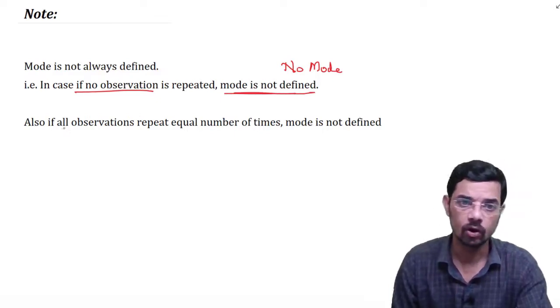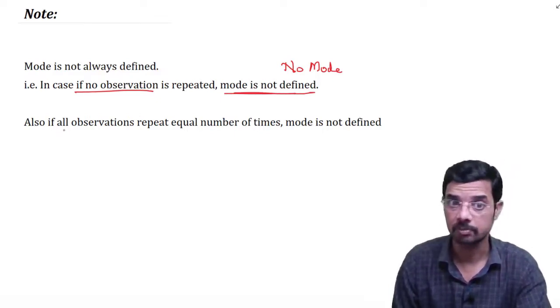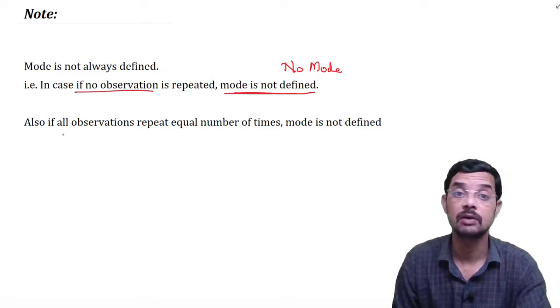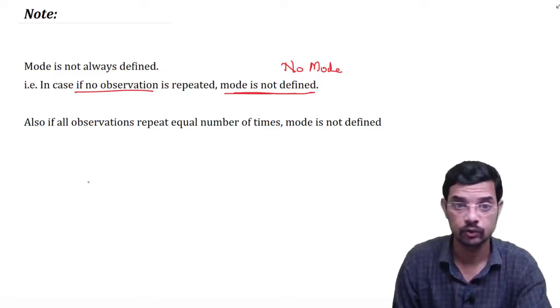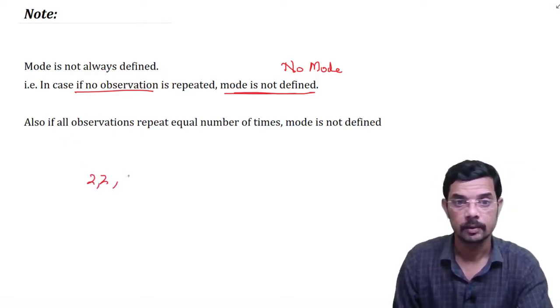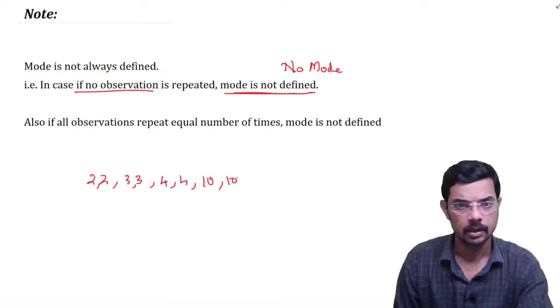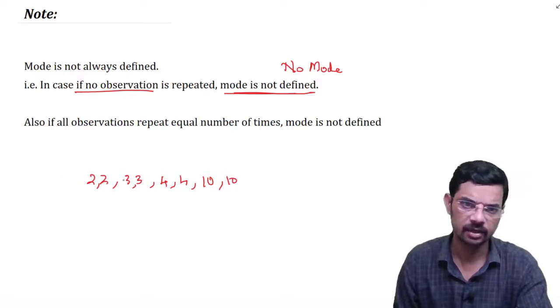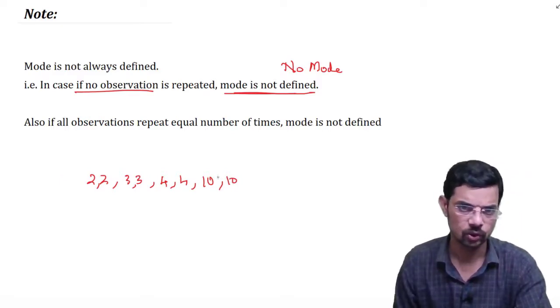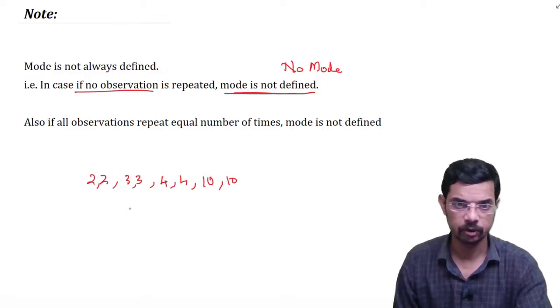The same thing may happen if all observations are repeating an equal number of times. So for example, we have two 2s, then two 3s, two 4s, two 10s, and so on. In this case, every number is repeated 2 times, so no number occurs the maximum number of times.